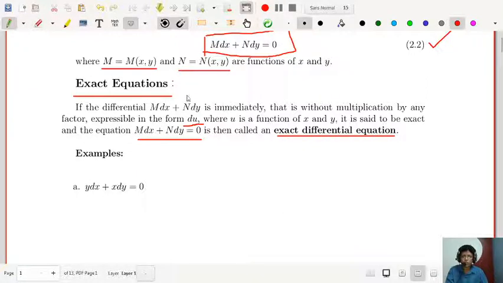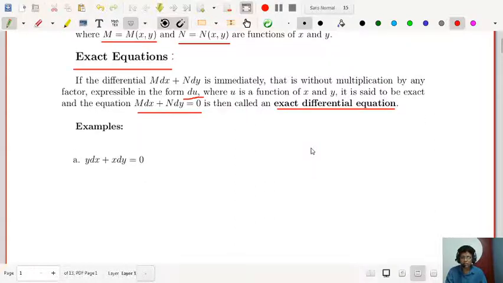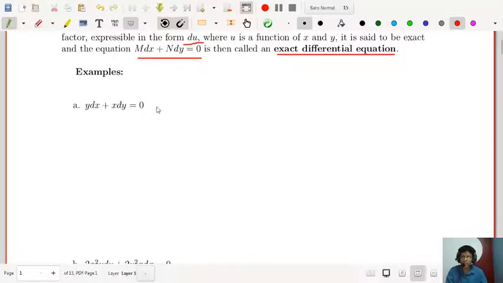So any first order first degree equation, if it is expressible in the form du, where u is a function of x and y, is said to be exact. Let us illustrate that. For example, you have the equation y dx + x dy = 0, and this can be written as d(xy) = 0, because it is a differential.